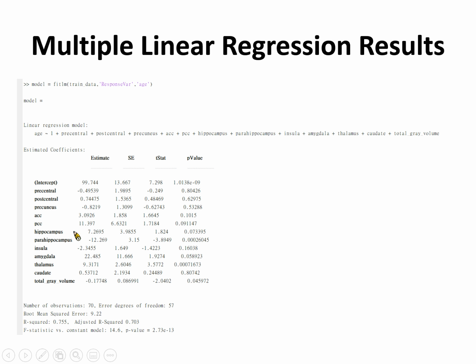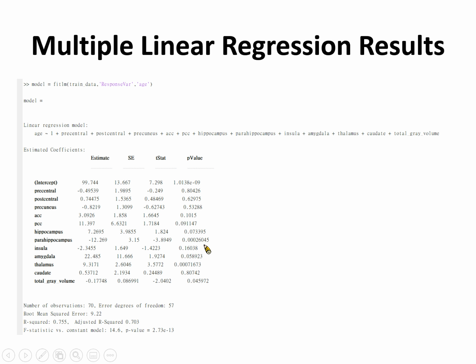So let's take a look at the results of the multiple linear regression. In these results, we see that not every brain region has a significant contribution to the prediction of the brain age. For example, for the precentral area in the regression model, the p-value is 0.80. That means that it is not significant to predict the brain age.